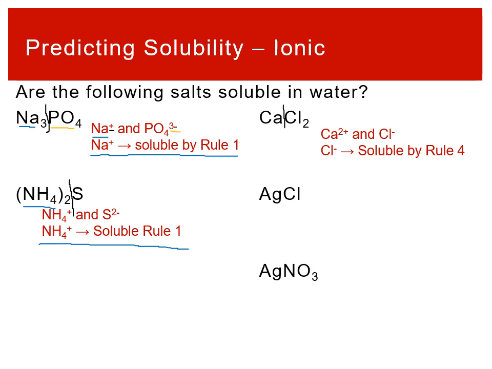So chloride is kind of encouraging this compound to dissolve in water. If we then look at silver chloride, it's a similar idea, but chloride is rule 4 and silver is rule 3. Because rule 3 is a more important rule, silver chloride is going to be insoluble.